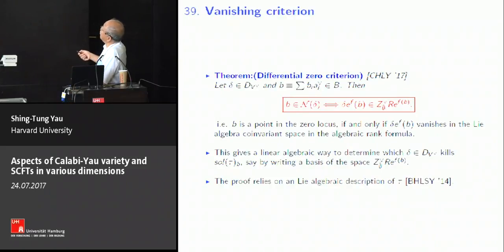Basically, we can understand the question in the following way. I want to understand the zero locus of the vanishing of the differential operator. So B belongs to it. We want to characterize it. It turns out to be characterized by some algebraic formula. I don't want to go into great detail.